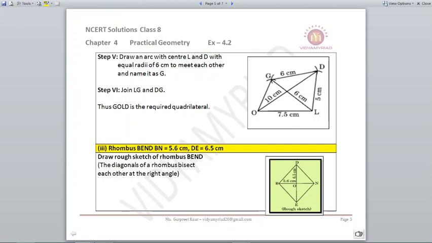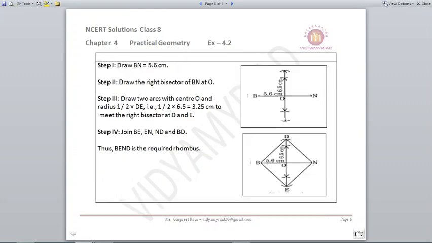So instead of using a scale, we will first draw the perpendicular bisector using B and N by drawing the arcs up and down, with the help of which we will draw the straight line, and using the compass I can easily cut. You can divide 6.5 by 2. What will be 6.5 divided by 2? 3.25. So 3.25 I will cut up, 3.25 I will cut down.